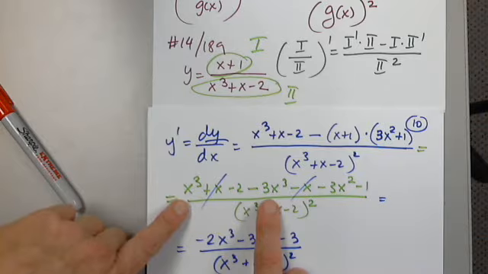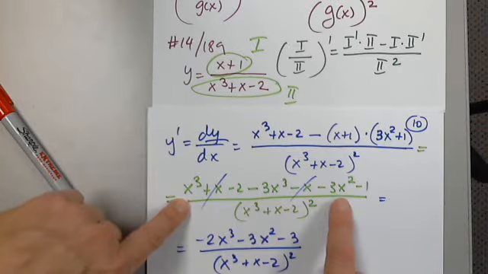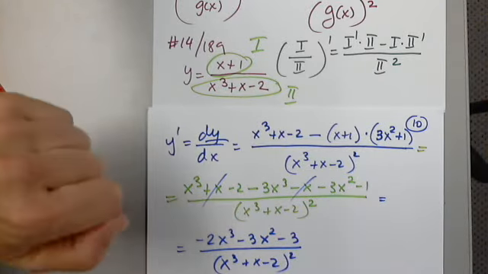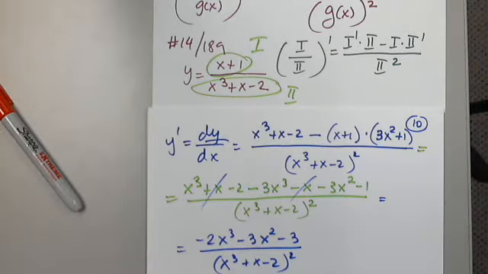In descending order now, negative 2x cubed minus 3x squared and minus 3. And that is it. You don't have to try anything else. Any questions?